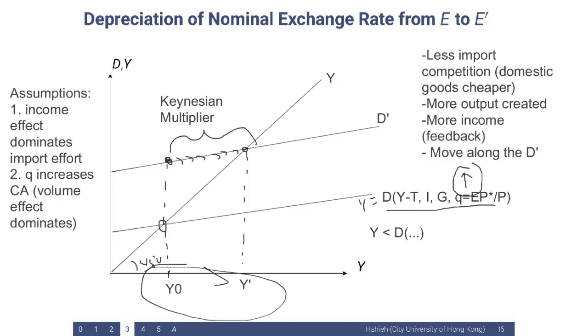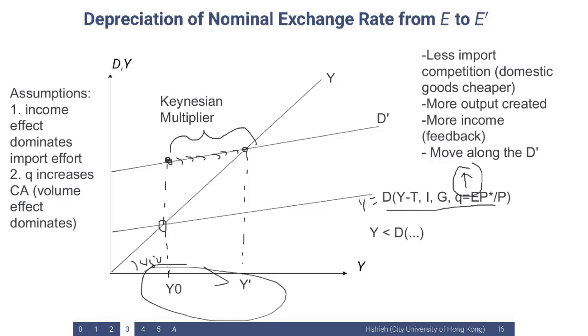All right, so just to be absolutely clear, let me outline the assumptions I've made so far. That's in the background. So I assume that income effect dominates import effect, right? Remember, CA also takes income as an input, but I kind of ignore that.